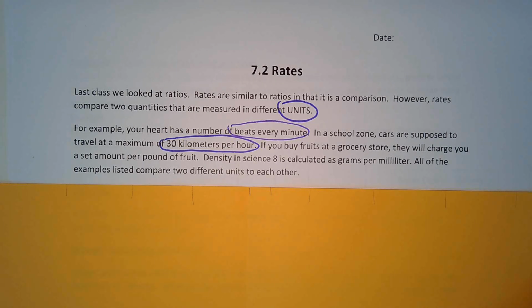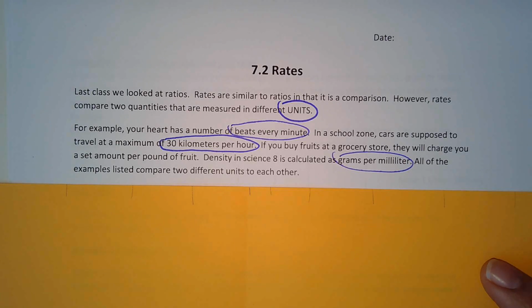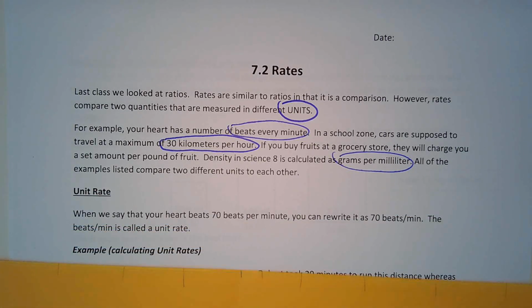If you're going to the grocery store, they're going to charge you a certain amount of money per pound or kilogram of fruit. So you would have 99 cents a pound, for example. If you've done Science 8 already, density is another example of rate where we use grams per milliliter. So basically, all the examples above are comparing two different units to each other.